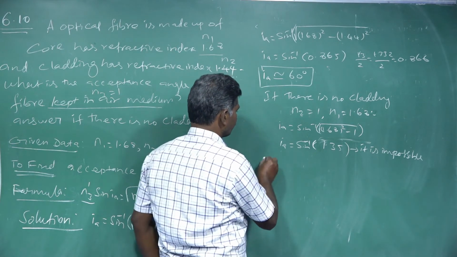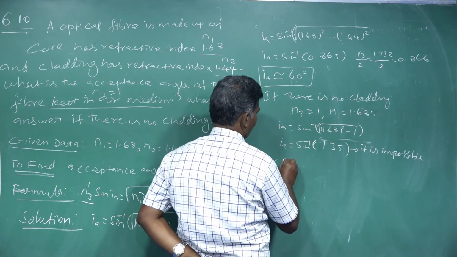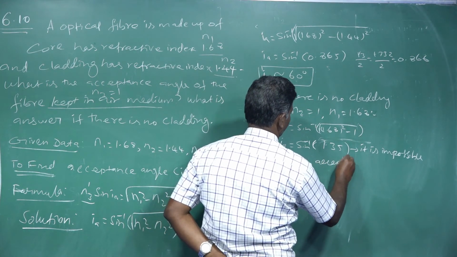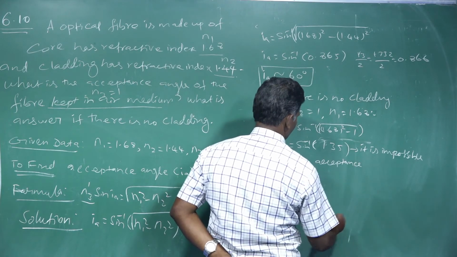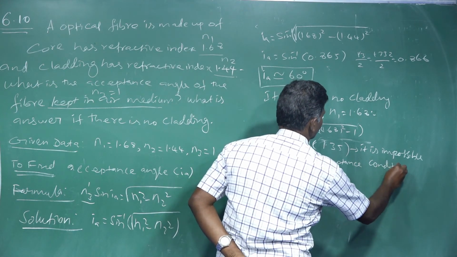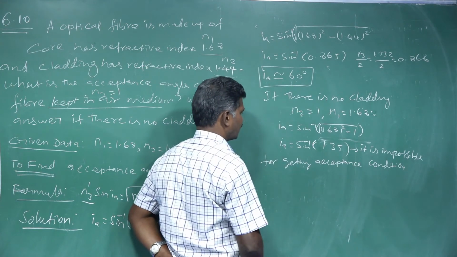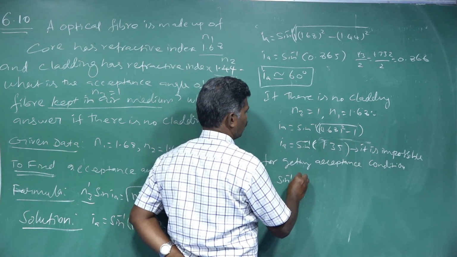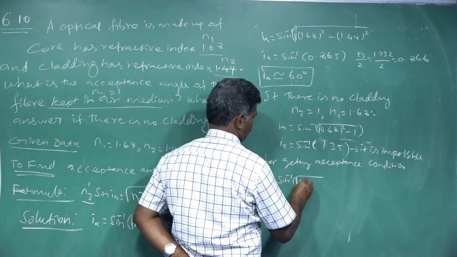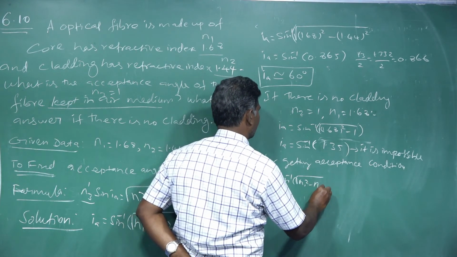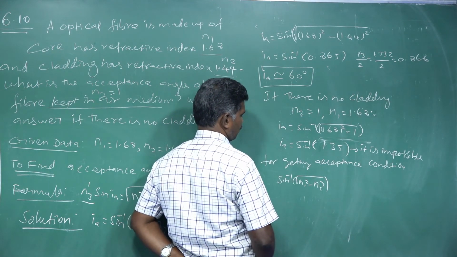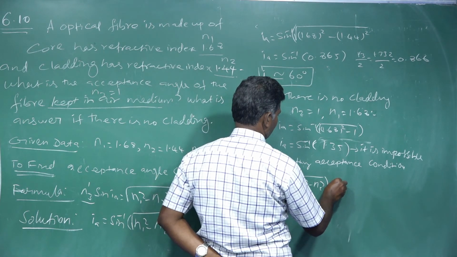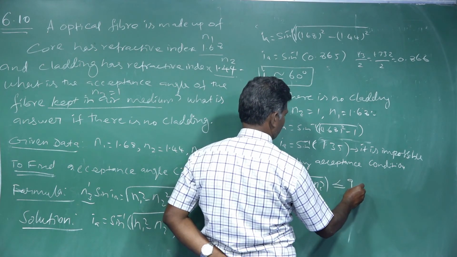So for getting the acceptance condition, sin inverse of square root of n1 square minus n2 square should be less than or equal to 90 degrees.